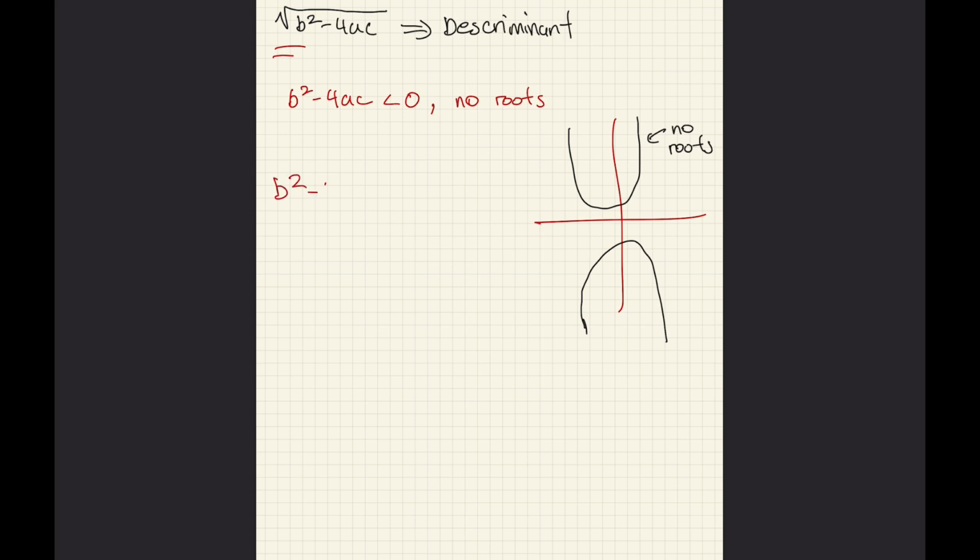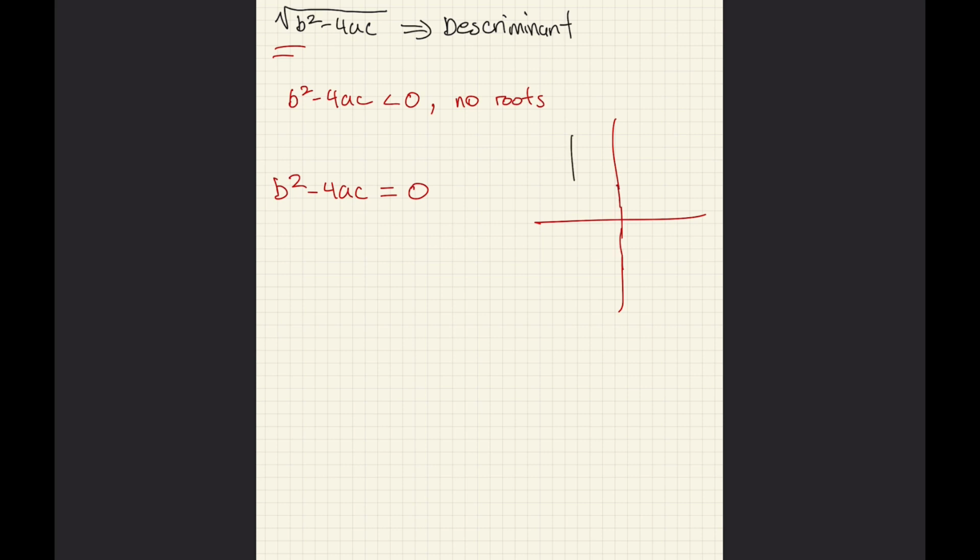Okay, but we have a couple other options. What if b squared minus 4ac, which is the part from inside, is equal to 0? Well, what that means is we're going to have exactly one root.